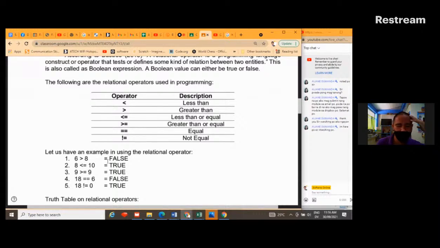True or false? That's false because 6 is less than 8. 8 is less than or equal to 10. That is true because 8 is less than 10. You might be questioning, but 8 is not equal to 10.